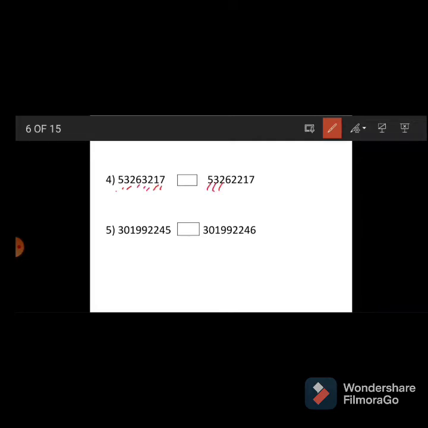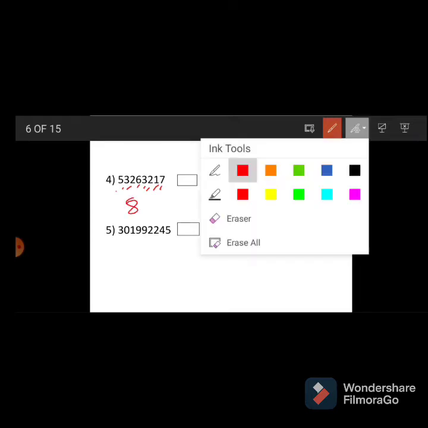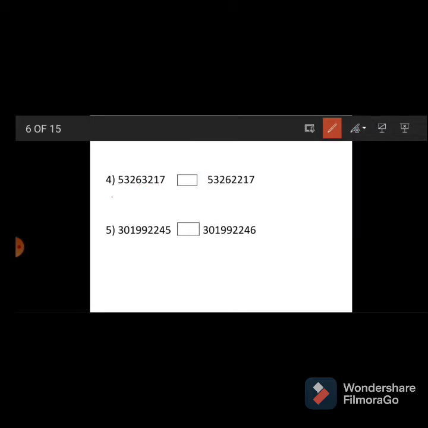1 2 3 4 5 6 7 8. Again, the number of digits in both numbers is the same. Then check the digits starting from the left hand side. Check 5, here 5 is the same, 3 and 3, 2 and 2, 6 and 6. After 6, here is the 3 and here is the 2, which means 3 is greater than 2.